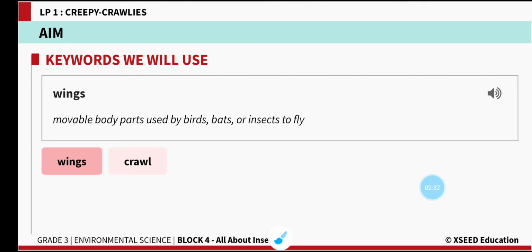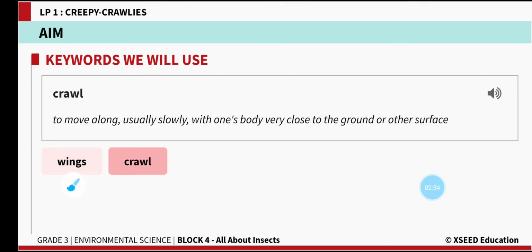Right? And crawly means to move along, usually slowly, with one's body very close to the ground or other surface.